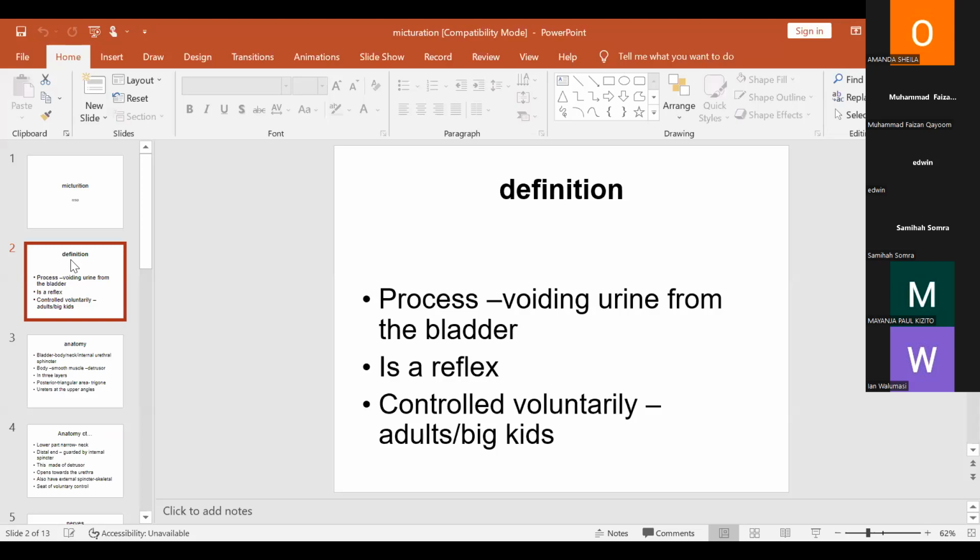So for an adult and a big child, it's not just a reflex that determines what you do. You have to subject that reflex to a higher control. The reflex will tell you to pass urine right there, but of course the higher centers will tell you, look, you are not yet in the toilet. So it will provide you with a voluntary mechanism to constrict your sphincters until you end up in the toilet.